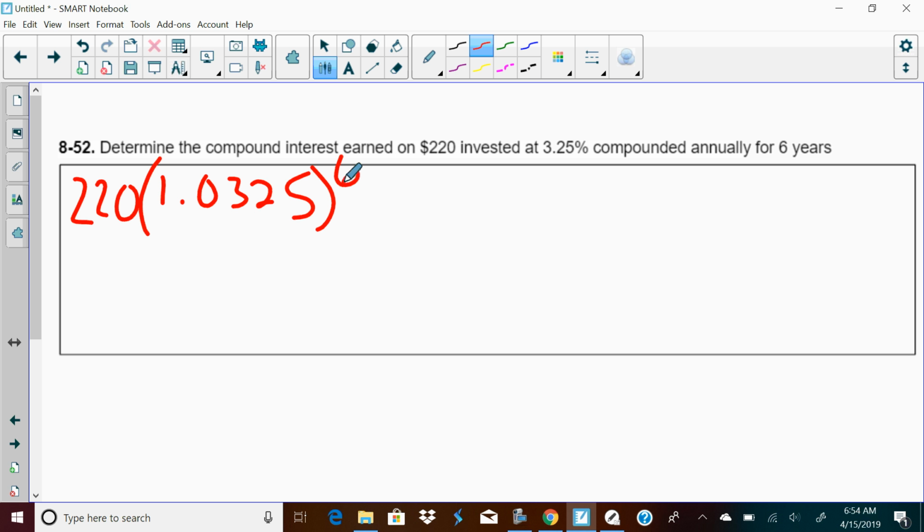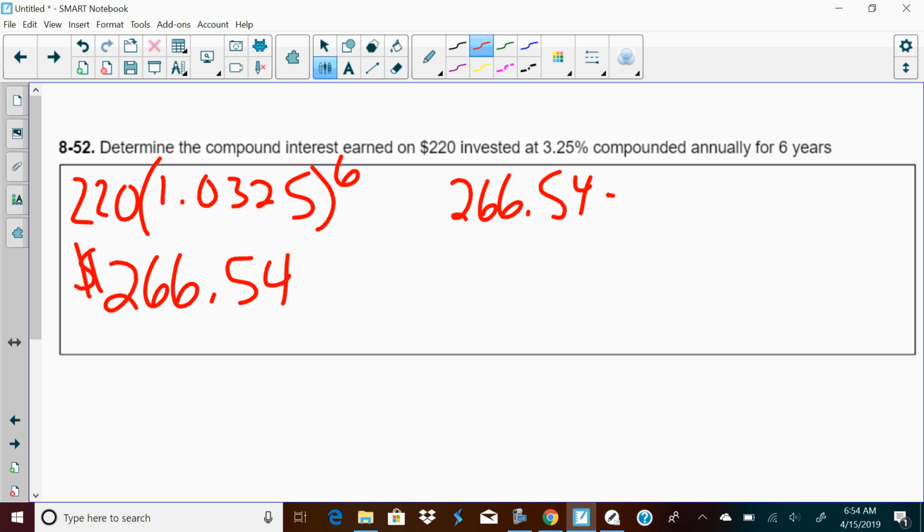It gives me about 266.54, which is the amount at the end. So to figure out the interest, I actually subtract them. So I get 46.54.